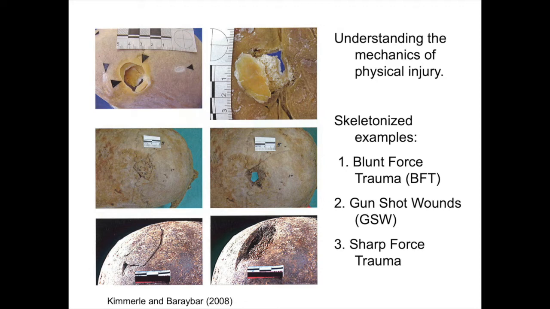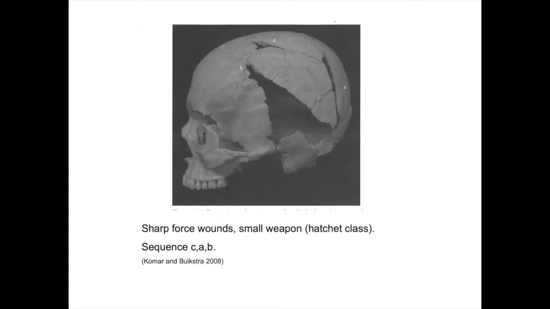So the shape of the wound, the length of the wound, the depth of the wound, and then the direction and force. Now, when you're looking specifically at sharp force trauma, there's a variety of action-related categories that we place sharp force trauma into. There are injuries associated with stabbing.